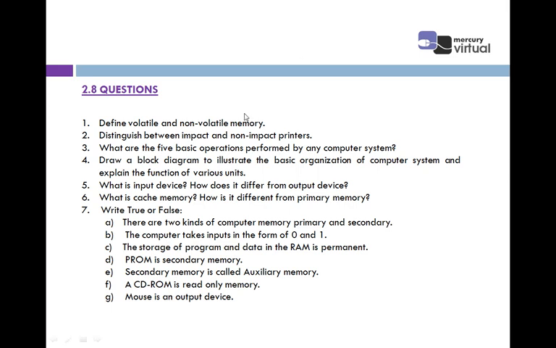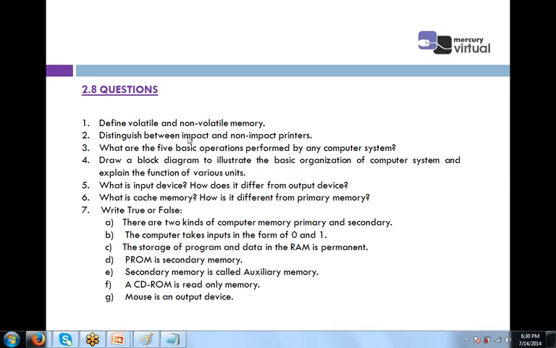Then another question is: what is the difference between impact printers and non-impact printers? As I told you, impact printers print by using hammers, which cause an impact on the paper. But non-impact printers do not give any impact on the paper.